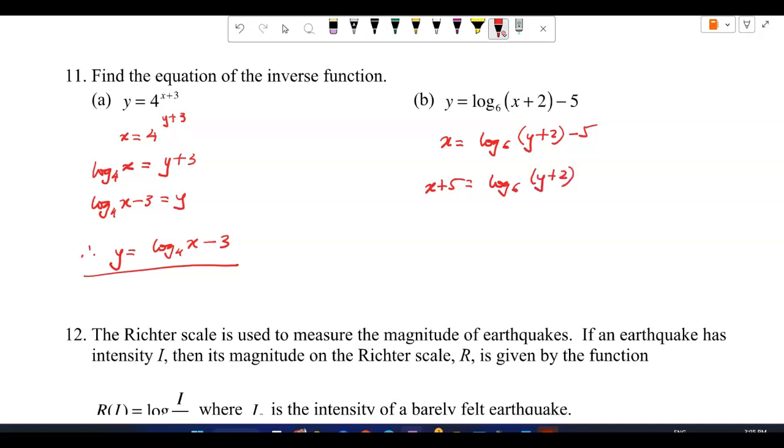Correct? Convert this into exponential. Then you take this one this side. So therefore, what's my inverse function? y is equal to 6 x raised to 5 minus 2.